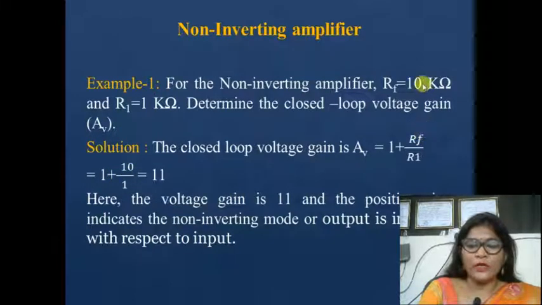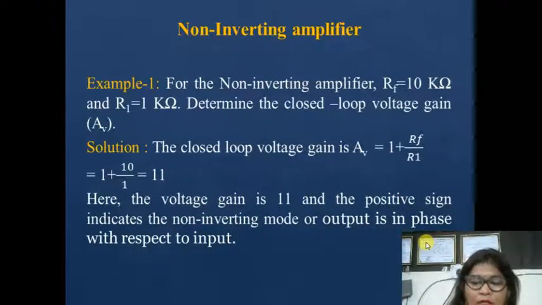Here Rf is 10 kilo ohm and R1 is 1 kilo ohm, so this is equal to 11. The voltage gain is 11, and the positive sign indicates the non-inverting mode, so the output is in phase with respect to the input.